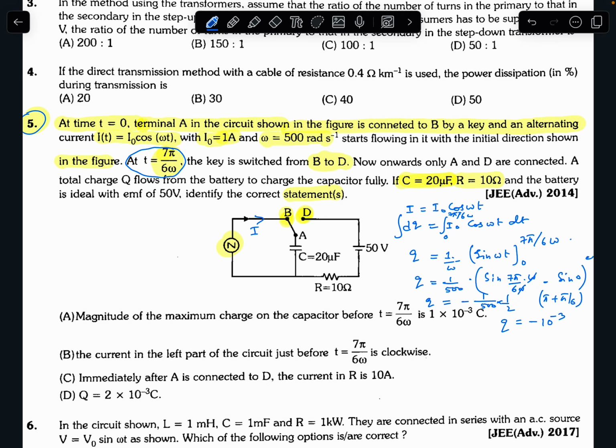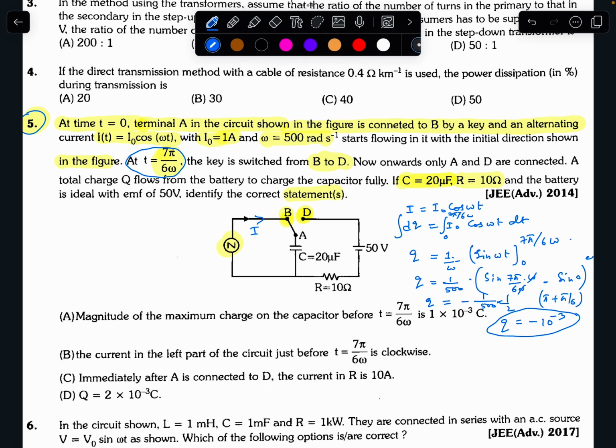So this is the initial charge in the capacitor. The charge in the capacitor is negative, so I can write that the upper plate is negative and the lower plate is positive. Okay, note it.